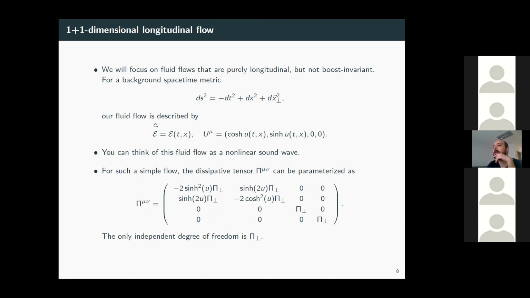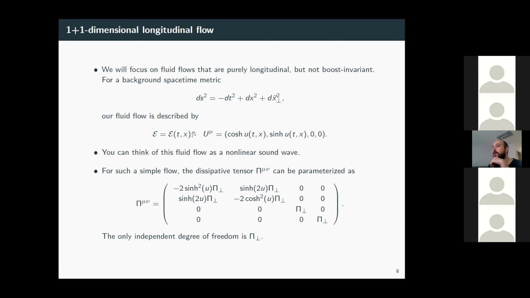And the flow is going to be described by an energy density, which is a function of t and x, and a fluid velocity, which is expressed in terms of this spacetime-dependent field, small u, in this functional form, so that we make sure that it is unit normalized with respect to the norm prescribed by the Minkowski metric.